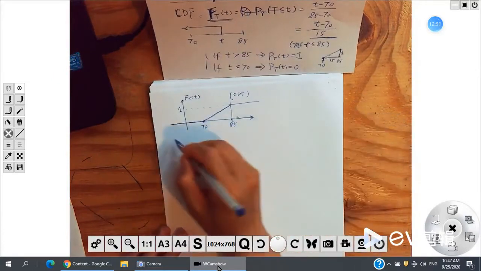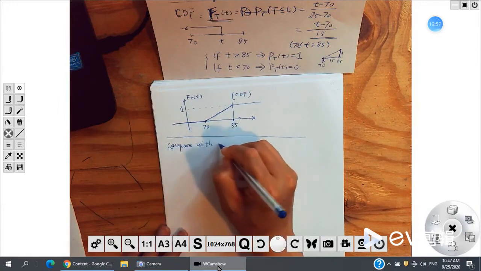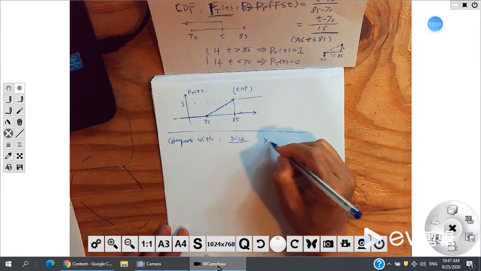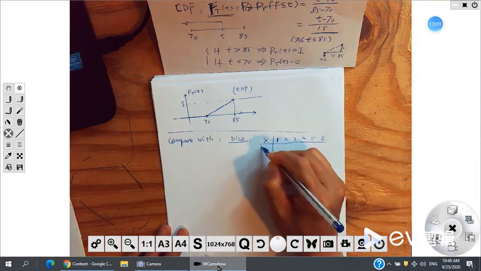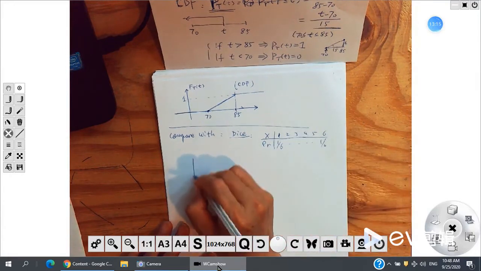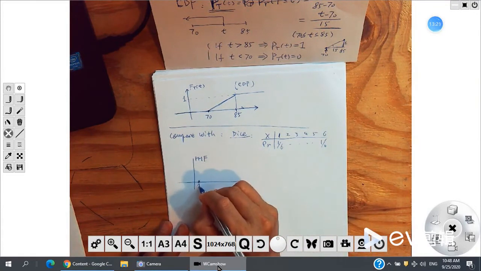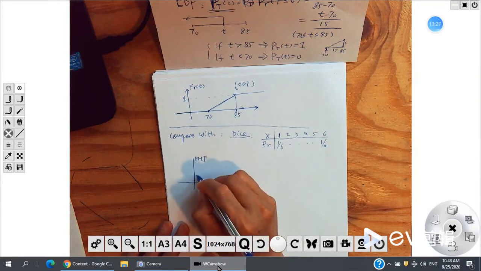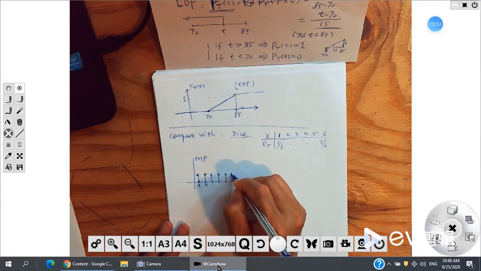Take the model of the dice: x could be 1, 2, 3, 4, 5, 6, and each probability is 1/6. So we have a mass function, the PMF, with values 1 through 6, each with the same probability 1/6.